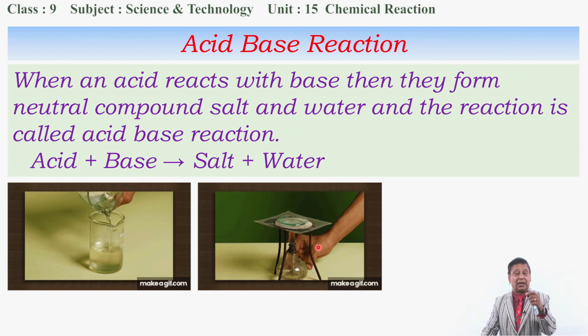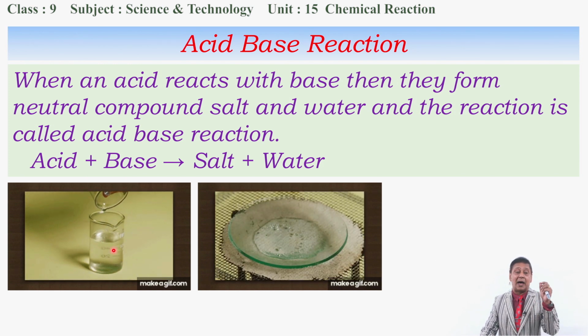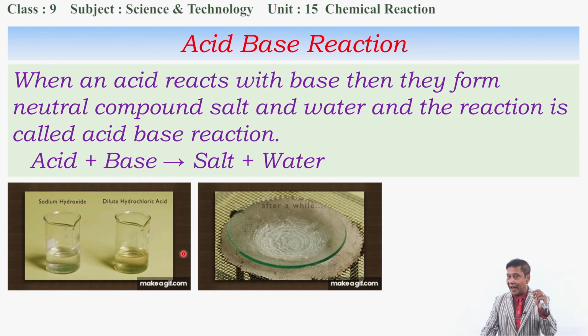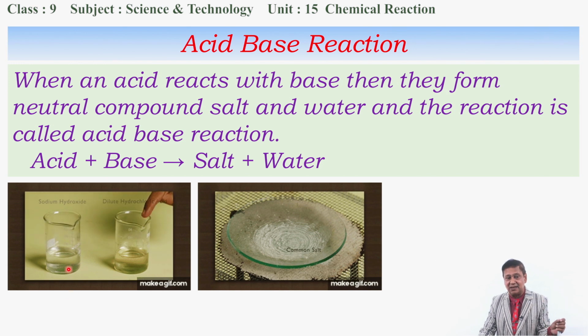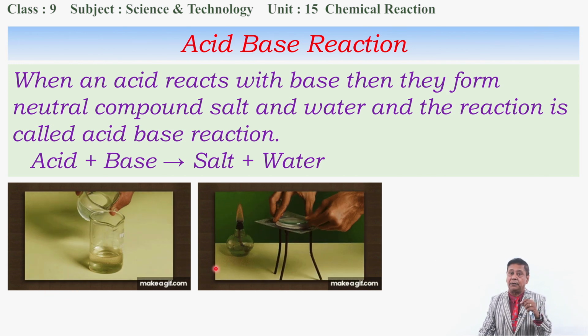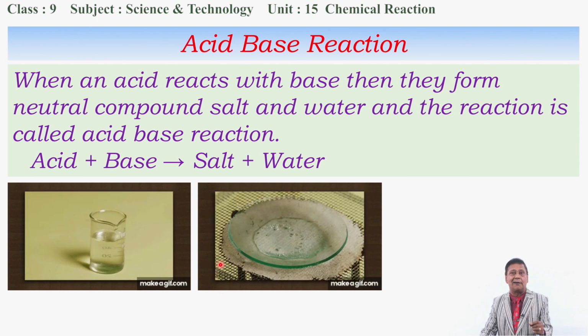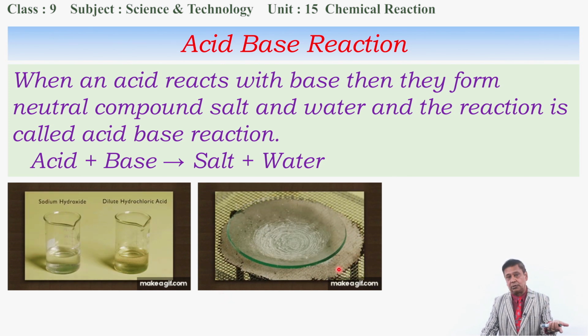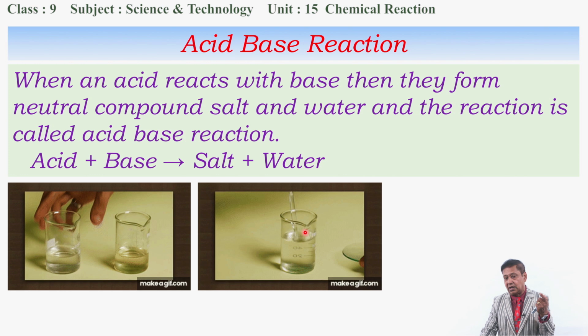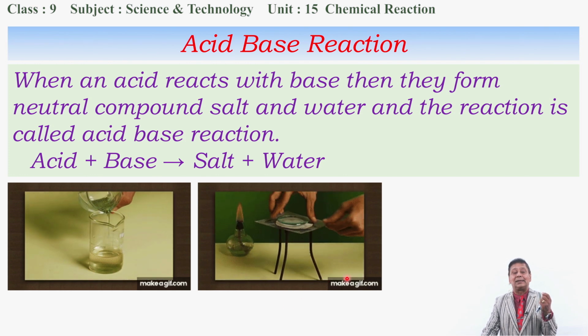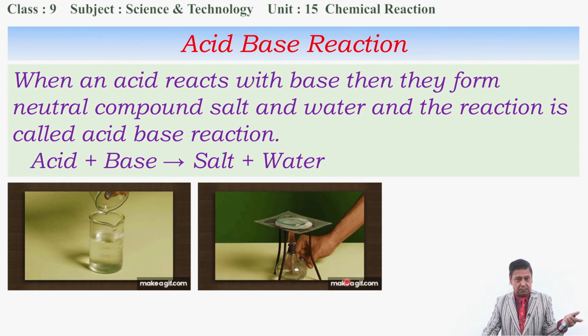This way, we can prove that when sodium hydroxide reacts with hydrochloric acid, they destroy the property of each other and form neutral compounds, salt and water. The salt is sodium chloride and water we know is H2O. Water can be evaporated and we will get salt, and this way we can prove it.